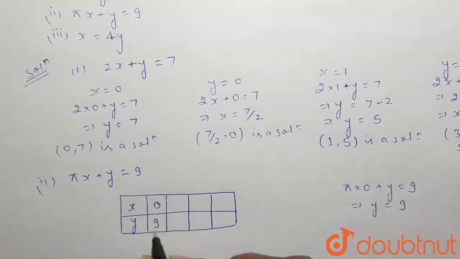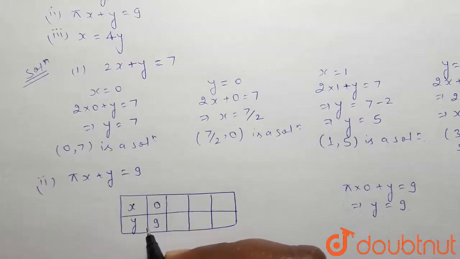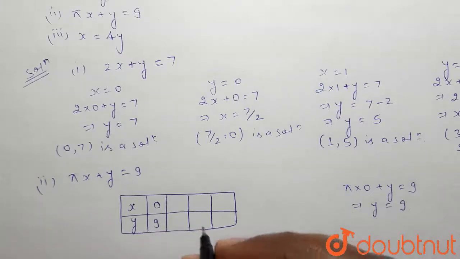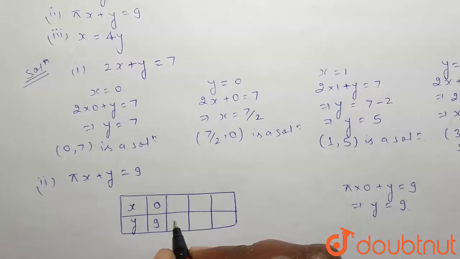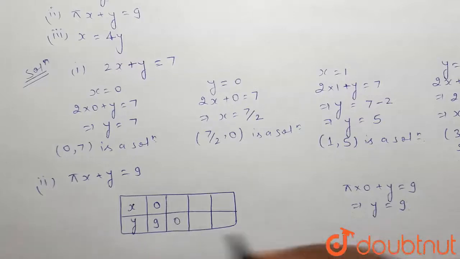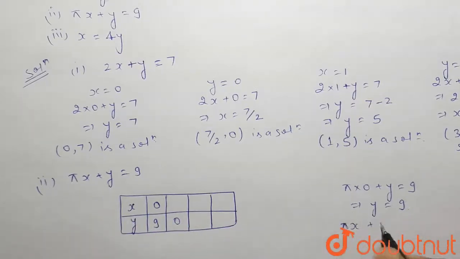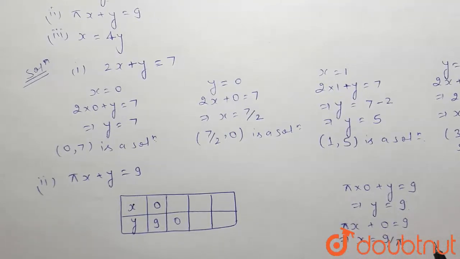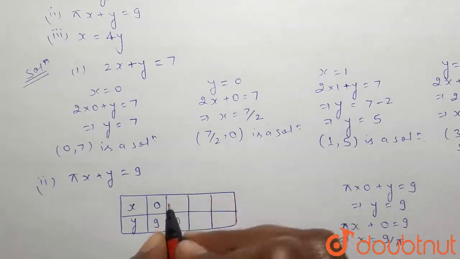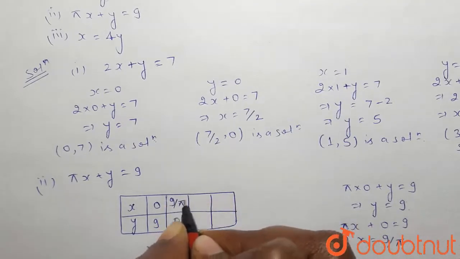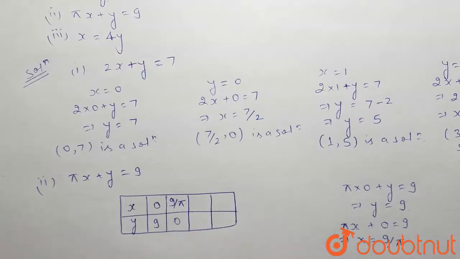So the y value corresponding to x equals to 0 is 9. Now let's put the value of y as 0. So the equation will be pi into x plus 0 equals to 9, and this gives x equals to 9 by pi. So here the value of x will be 9 by pi corresponding to y equals to 0.